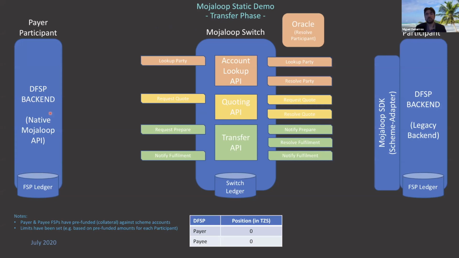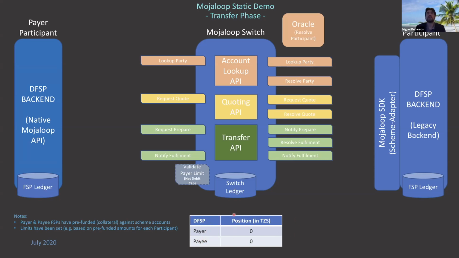Just moving on to the transfers. The request is sent from the payer, the transfer API receives it, and it's then validated. And this is where certain steps you'll see are now shown at the bottom here. You'll also notice this box down here, which is just tracking the position of the payer and the payee.